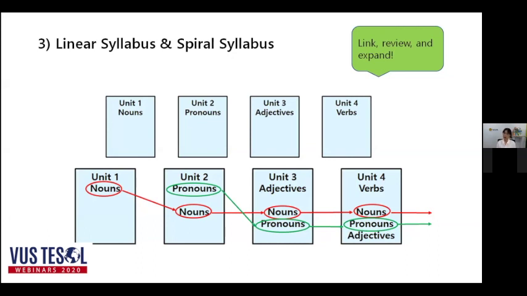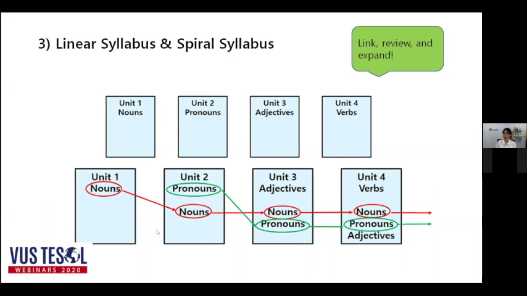We are very familiar with linear syllabus, but there is a syllabus called spiral syllabus. So what will be the good thing if you follow a spiral syllabus? What will be the benefit of using it?